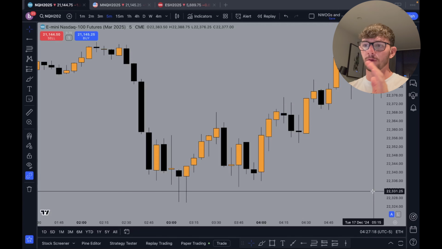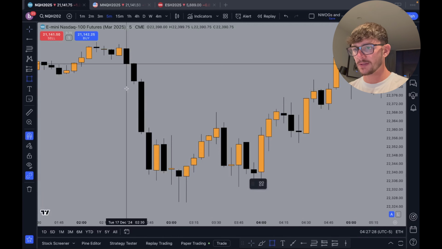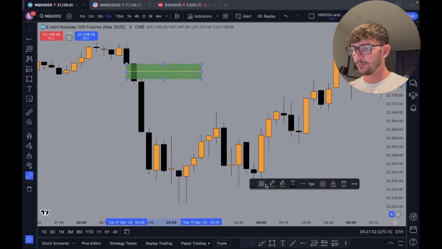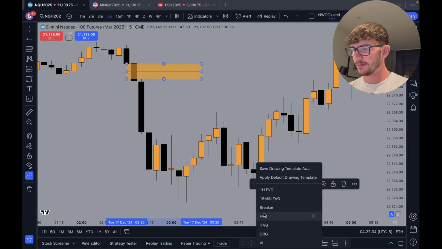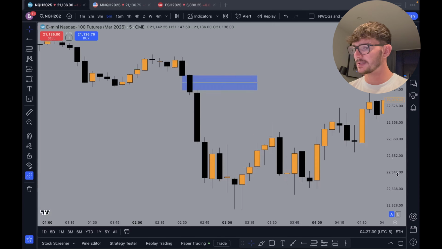So the first and third candle aren't going to meet at the same level between the middle candle. It's a bit of a weird thing to explain, so you might not have understood, but if I point them out here, that would be a fair value gap. I feel like I butchered that explanation, but you can see them very clearly here.